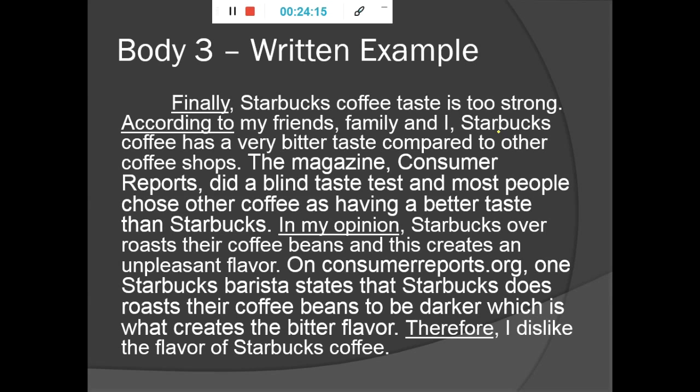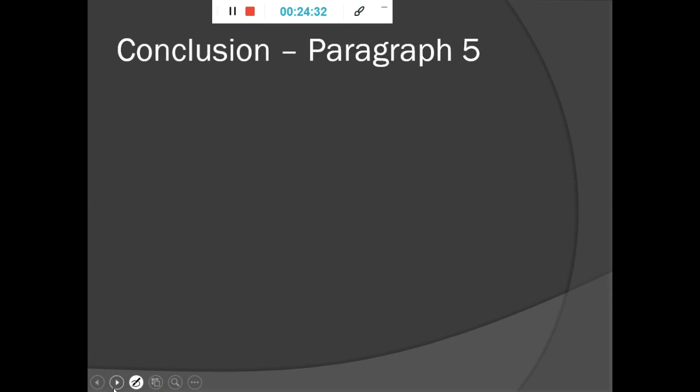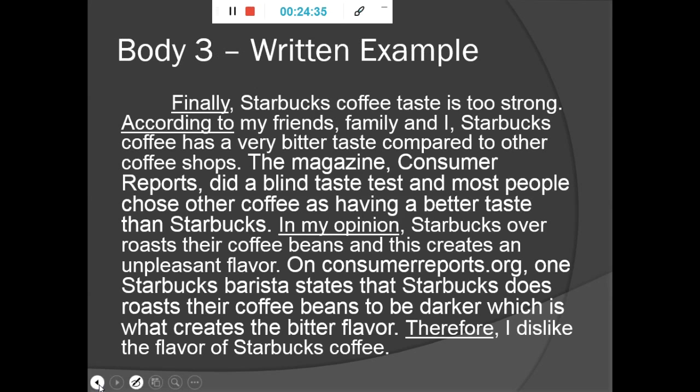On consumerreports.org, one Starbucks barista states that Starbucks does roast their coffee beans to be darker, which is what creates the bitter flavor. Therefore, I dislike the flavor of Starbucks coffee. Okay, so you can see here that I've used finally, according to, in my opinion, and therefore as some nice transition language here.